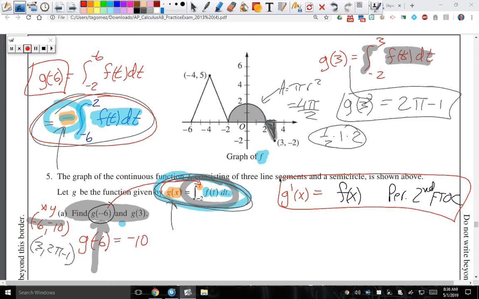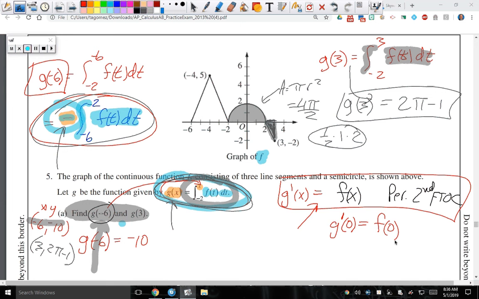So in part B on your answer document, I would begin with all this work and put second fundamental theorem, and we're going to say g prime of 0 is actually equal to what? f of 0. So whatever f of 0 is, that's the same as the slope on g at 0.